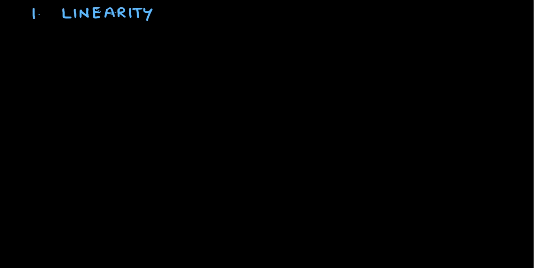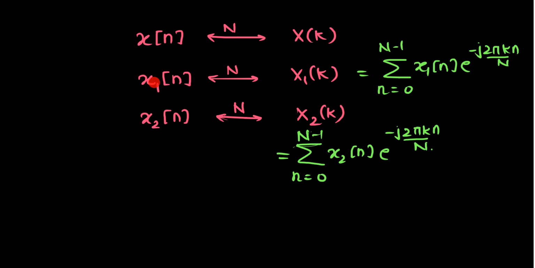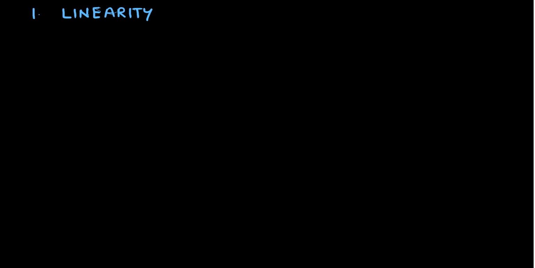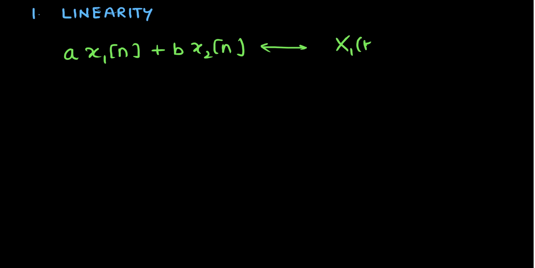So let us start with the first property, that is the linearity property. We had seen that x1 of n has the DFT as X1 of k and x2 of n has DFT as X2 of k. Now let us consider the linear combination of these two signals, that is, let us consider a into x1 of n plus b into x2 of n and find its DFT. Let's say it's given by X3 of k.